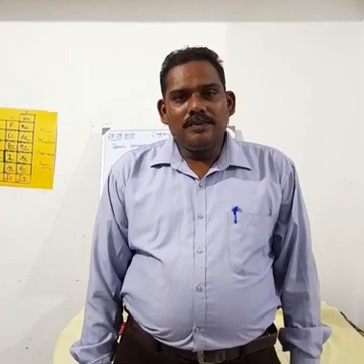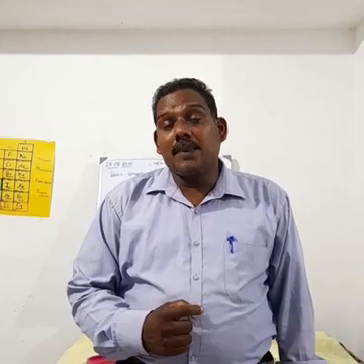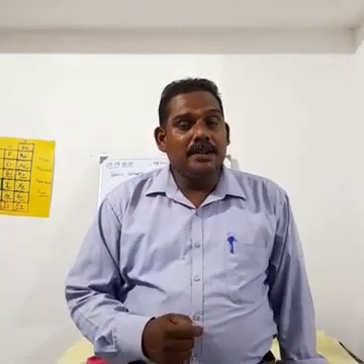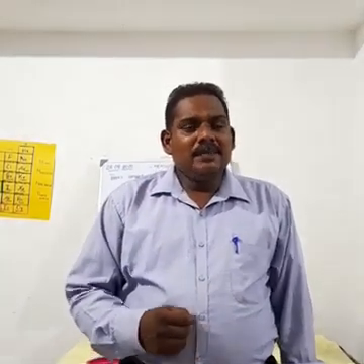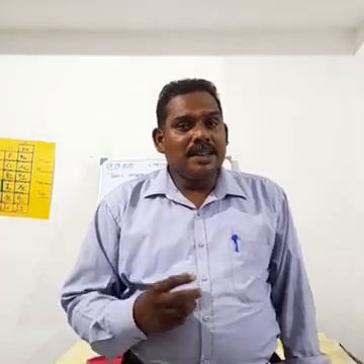What is an atom? Atom is the smallest particle of an element that takes part in a chemical reaction. But atoms are too small, with a diameter of 10 raised to minus 10 meter. Its weight is approximately 10 raised to minus 27 kg.